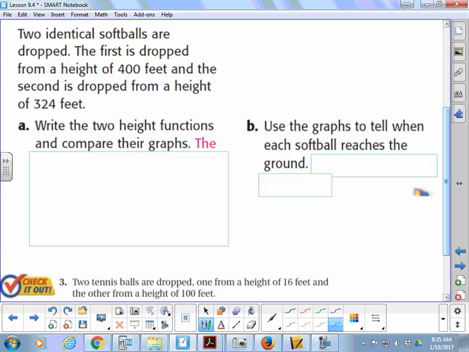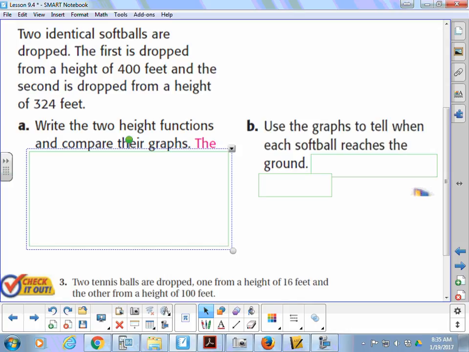So, 400 feet, 324 feet. The height that the object is dropped from is just c. So our functions are going to be negative 16t squared plus 400, and negative 16t squared plus 324.